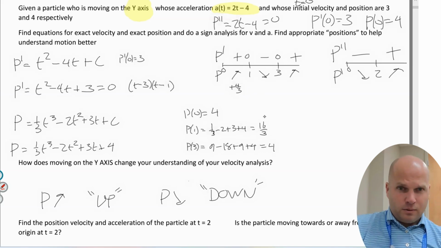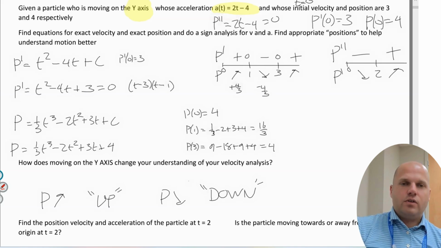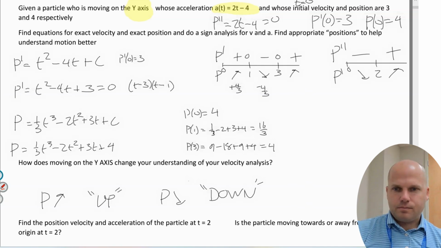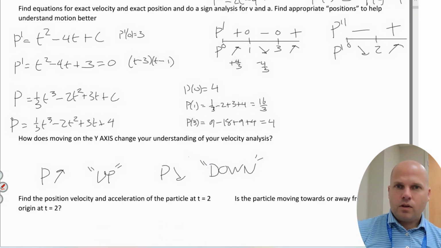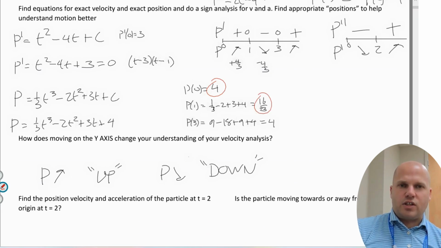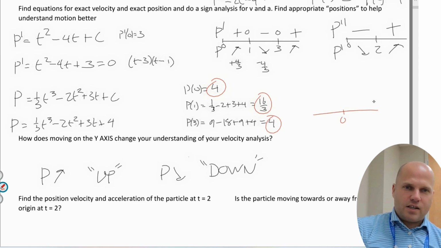Then it'll come back down to 12 thirds, which means it'll decrease 4 thirds. And then it'll increase after that until I tell it to stop. Okay. Well, if we start at a position of 4 and I get to a position of 16 thirds, but then I come back to a position of 4, I'm located right of the origin.